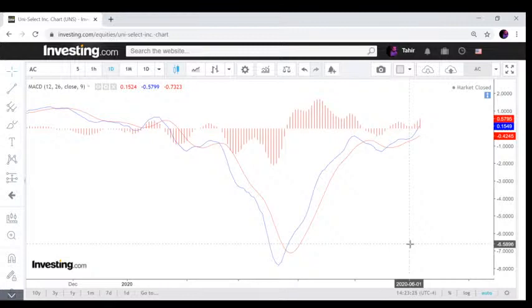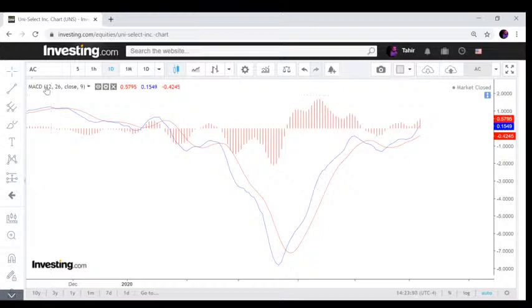Like, and for 12 and 26, I was about to come to this. So this 12 and 26, like the name suggests here, MACD 12, 26, close 9. So this blue line, this MACD line, I mentioned, is actually the difference of the moving averages of 2 points in time.